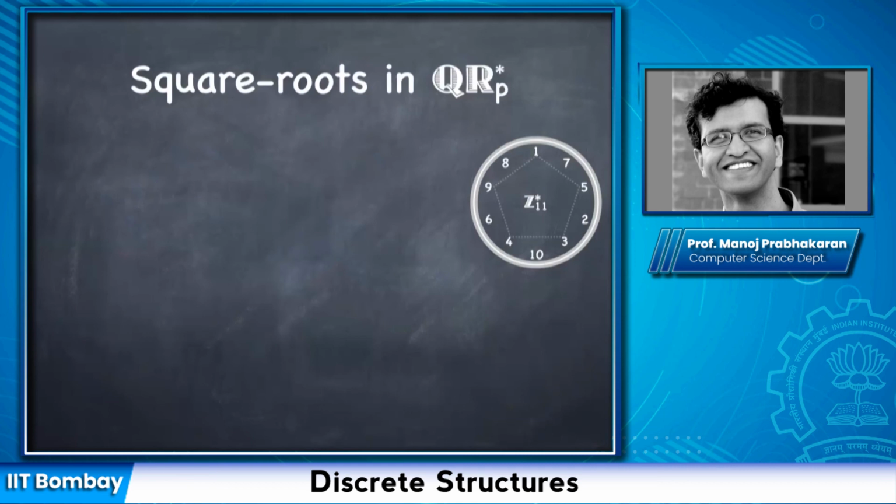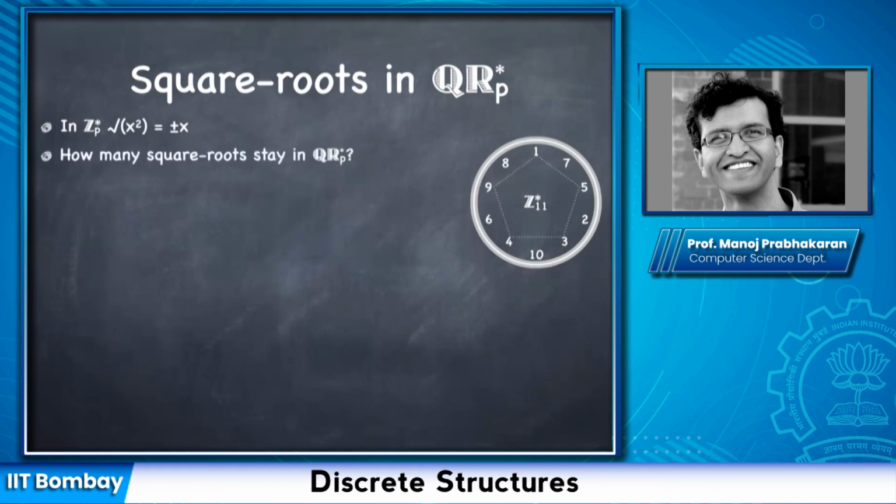Okay, so let's just focus on these elements here, which do have square roots, and we know they all have exactly 2 square roots. So x square is an element in QRp star, and its square roots are plus or minus x.